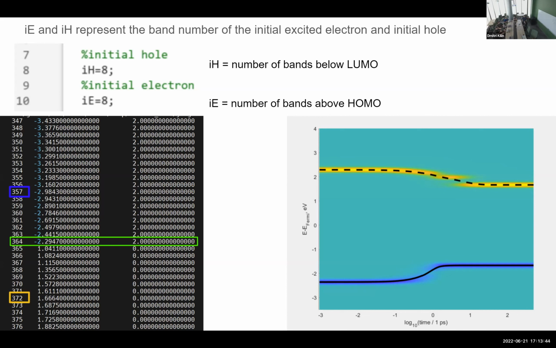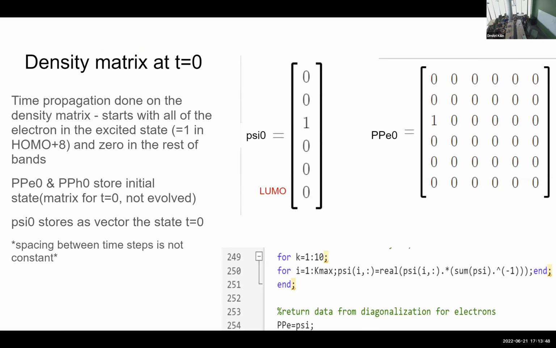Great question. Thank you, Stephen. Joseph, can you please go one back? Yes, here. The initial condition that we were discussing is one, say no. Here it shows IE equals 3, I think, for HOMO plus 2, right?